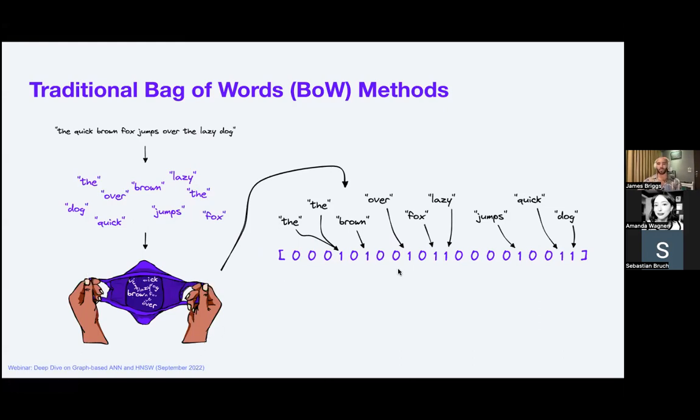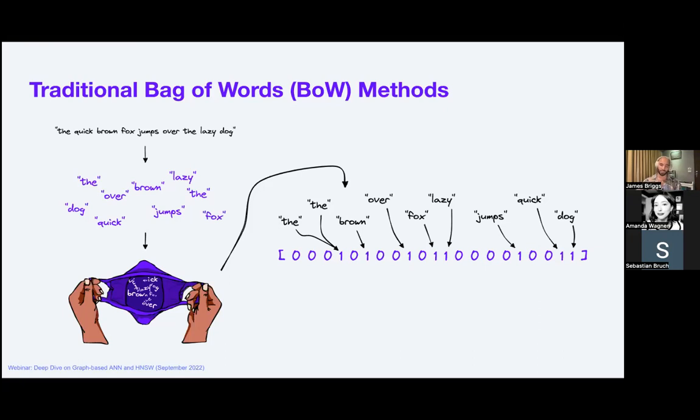From this bag, you create your vector. Each position in this vector correlates to a particular word. This here is not a perfect representation, but it is what a sparse vector might look like.